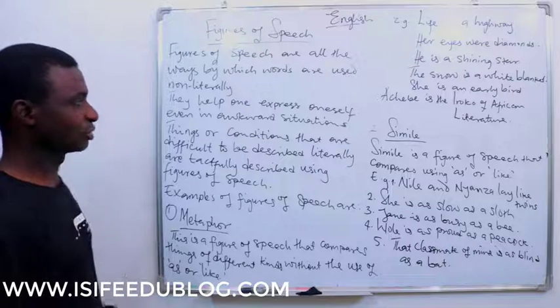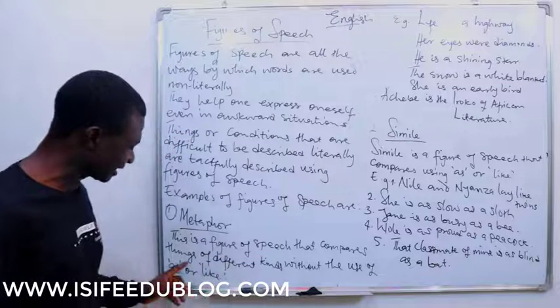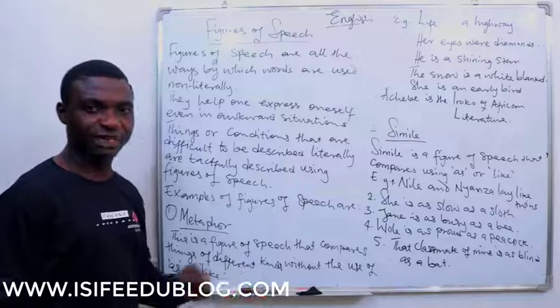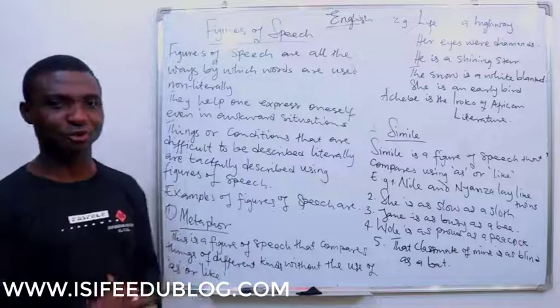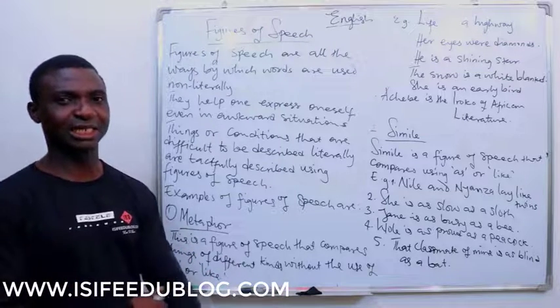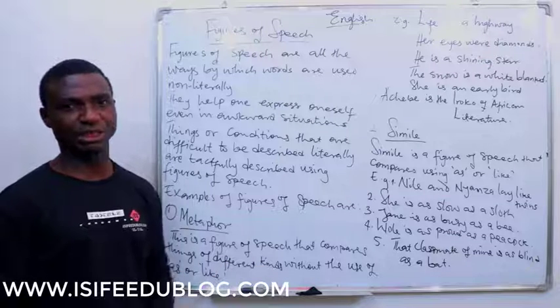But please note, both simile and metaphor comprise things of different kinds. There are little things that people do not get to figure out as teachers and as students. So we continue to make such mistakes.